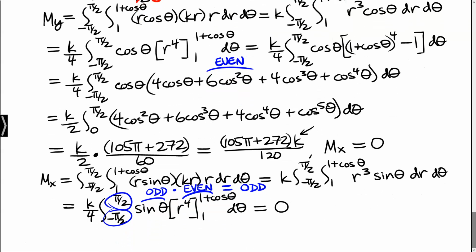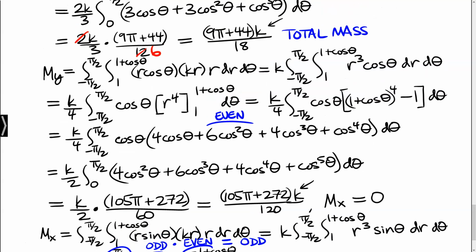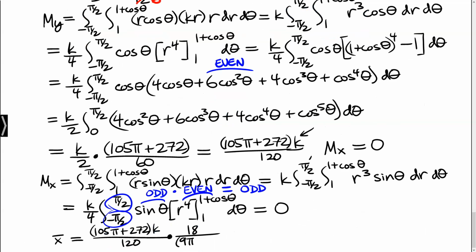So x bar is going to be equal to 105 pi plus 272 k all over 120 times, and now I'm going to flip this because I'm dividing by it, 18 over 9 pi plus 44 k.